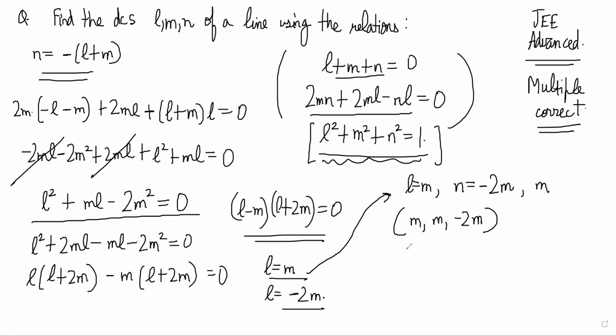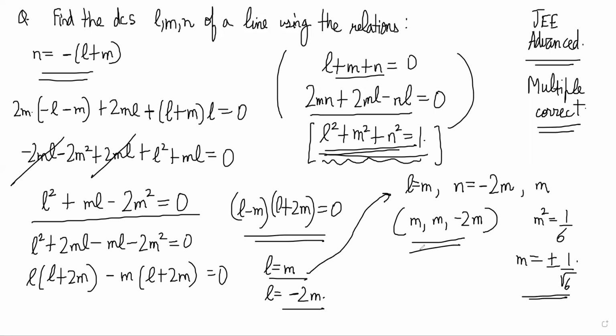Yes, sir. And now we use the condition that it has to be this, so you will get the value of m. If you use the direction cosine condition now, you will get m square plus m square plus 4m square should be 1. So 6m square should be 1. So m square should be 1 by 6. m can be plus minus 1 by root 6. Right?